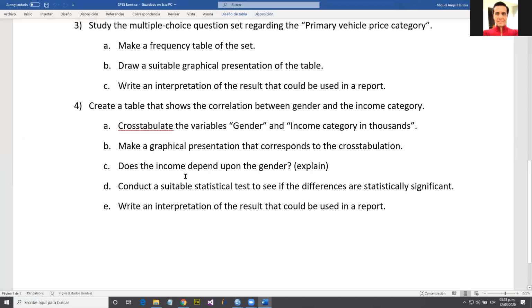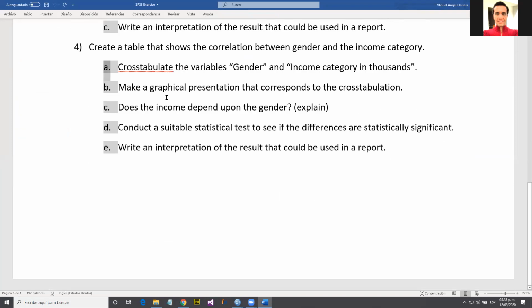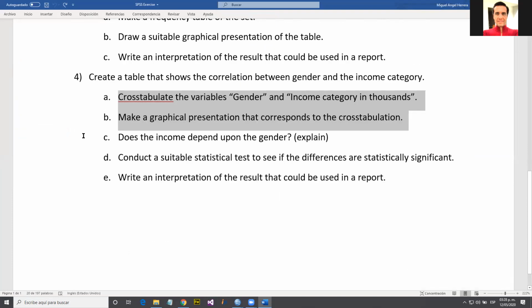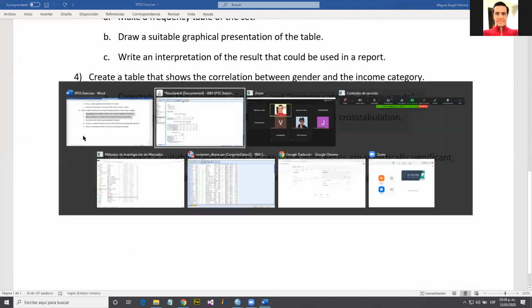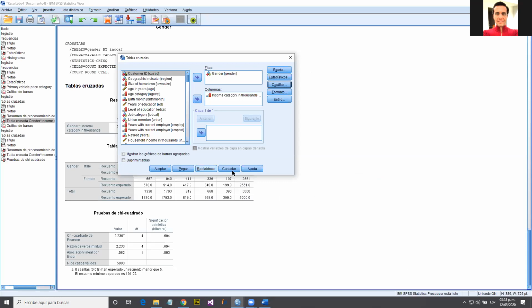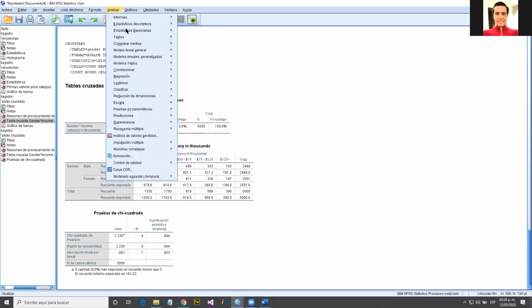Look at this. When you are creating a cross table only to know what you have, in this one, A and B, when you are using this A and B, only the first part, we are only going to make the analysis. If I want to analyze the data, it is the first thing that we always do.